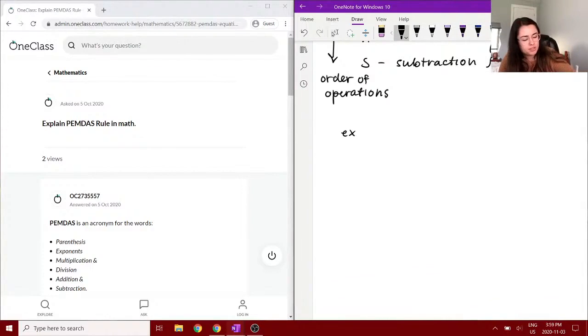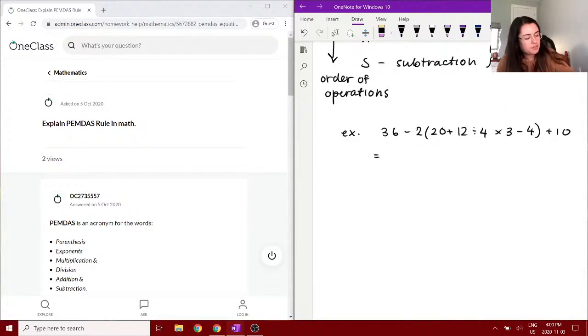okay? So if we have this given to us, plus 12 divided by 4 times 3 minus 4 plus 10. You want to look at which part of this, I guess I'm going to call it equation, you're going to work on first, okay?